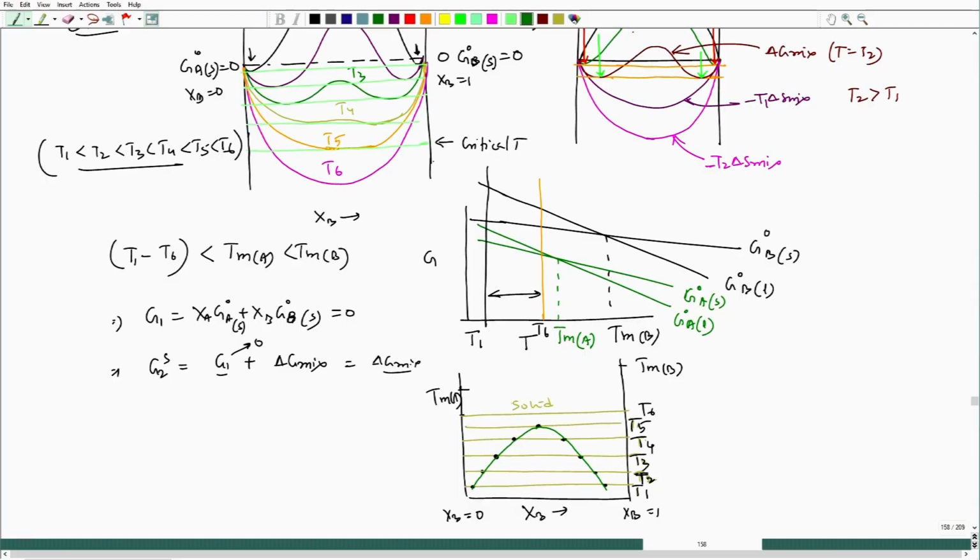So crystal structure wise, these two minima points over this common tangent are the same, but their compositions are distinct. Both compositions at the extreme ends are either A rich side or B rich side. So, that means they can be considered as two different phases.